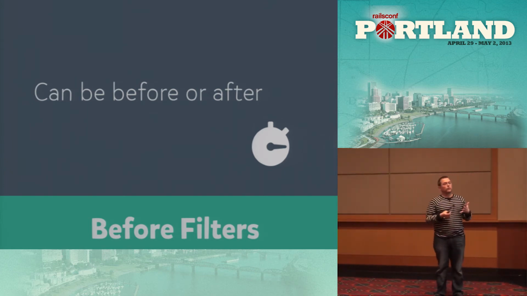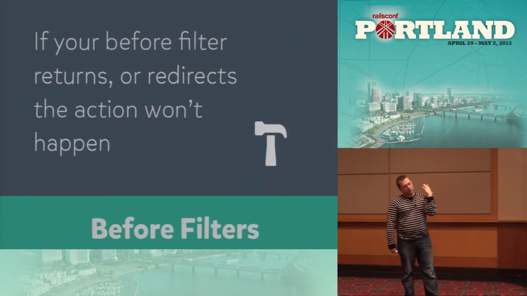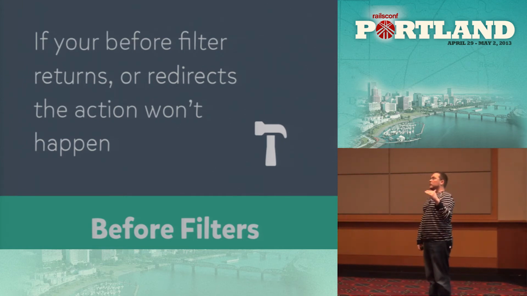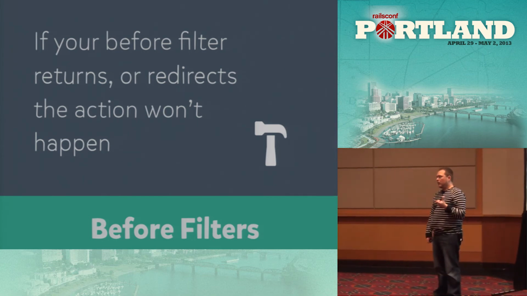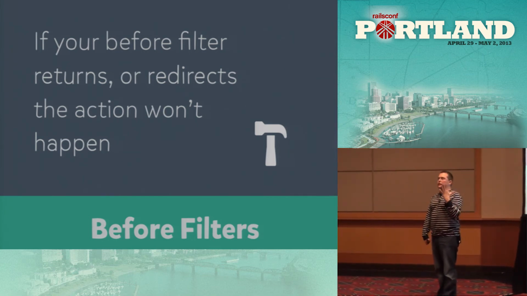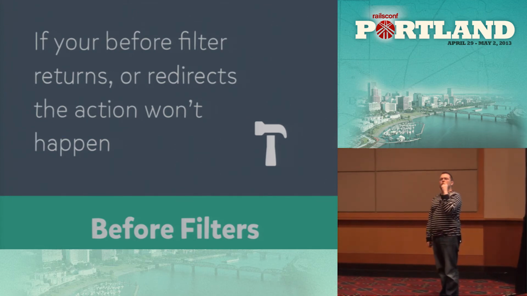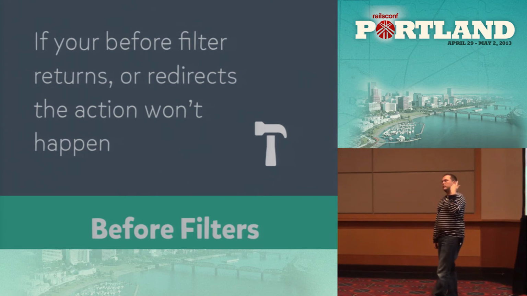A before filter will actually halt execution, which gives it even more power. So if a before filter returns false or redirects, then the actual code won't get shown. The idea here is that if I'm showing a user, or creating a user, I could check to make sure that my user has the rights to do these things.